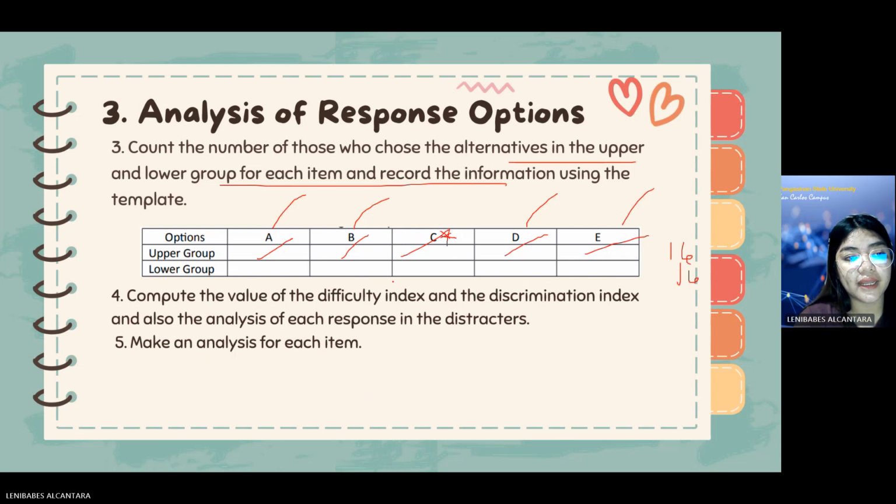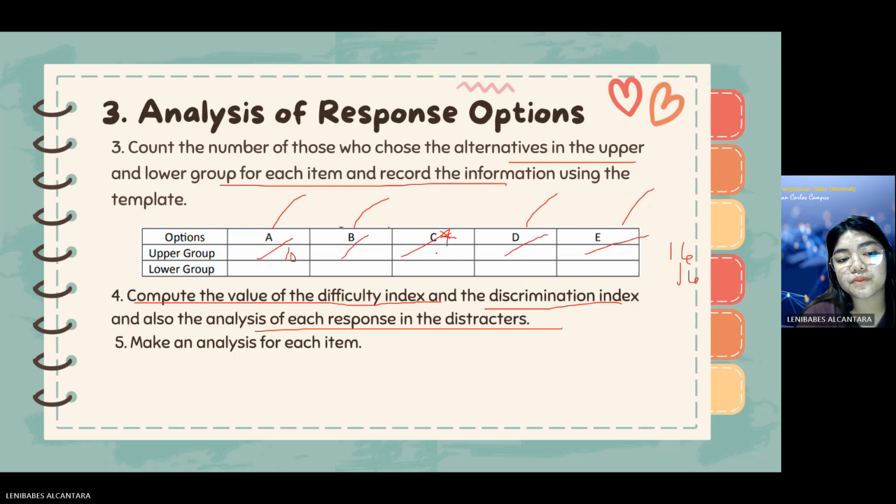Okay? Now, so please remember that. And of course, compute the value of the difficulty index and the discrimination index gamit yung formulang binigay ko kanina. And also the analysis of each response in the distractors. Okay, ibig sabihin, effective ba yung, halimbawa, ang nakakuha dito out of 16 ay 10.